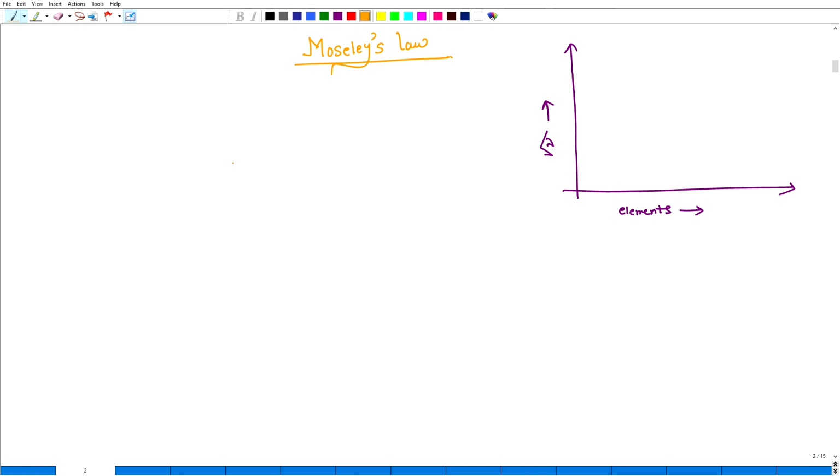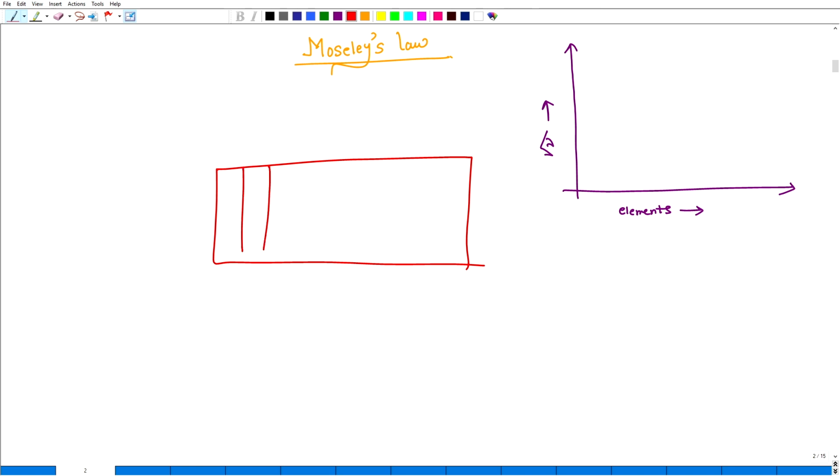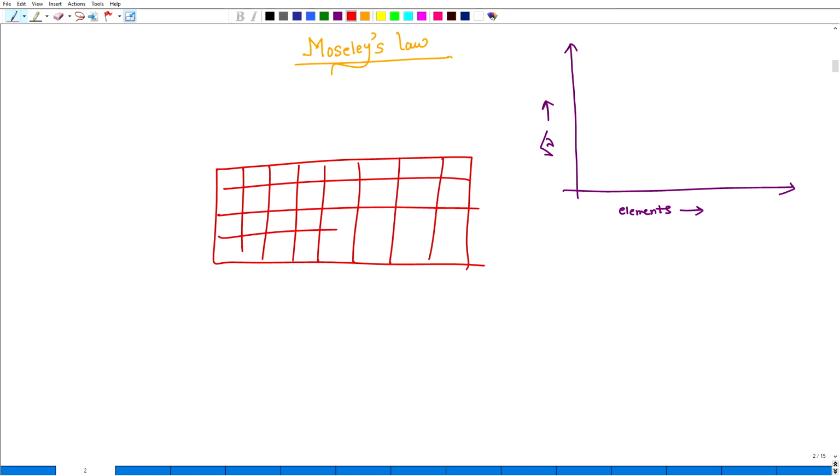Let me just give a small recap of the periodic table. Mendeleev's periodic table, not the modern periodic table, not the longer one, because at that time that was not known. In Mendeleev's periodic table, the main idea was groups. Let's say in this group these elements are there, then the properties of these elements will be similar.